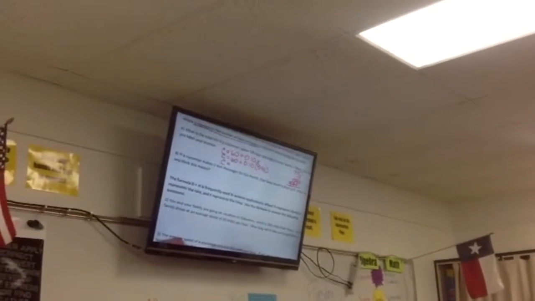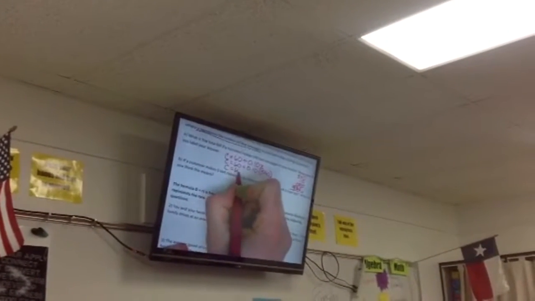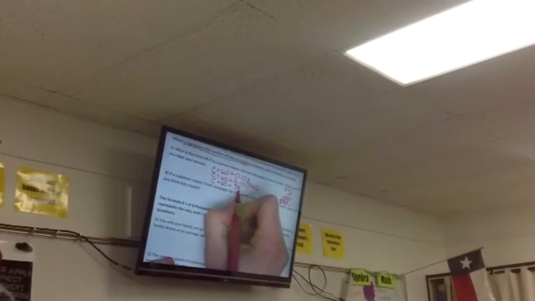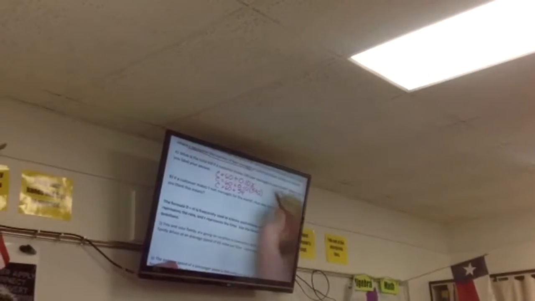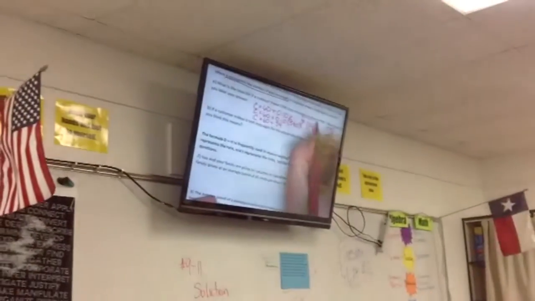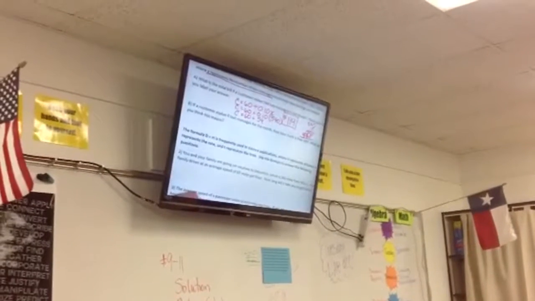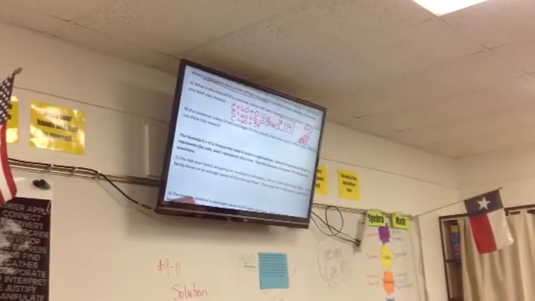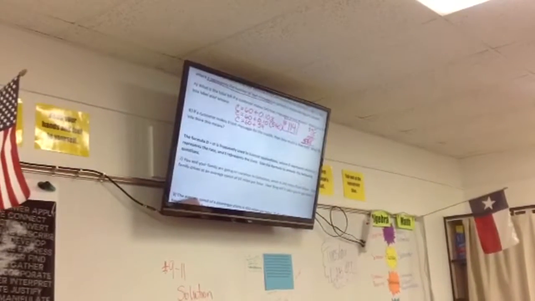Then I move my decimal 2 places and I have $54. So 60 plus 54 equals 114. So the total cost of my phone bill for this month is $114, and that doesn't include apps or calls.